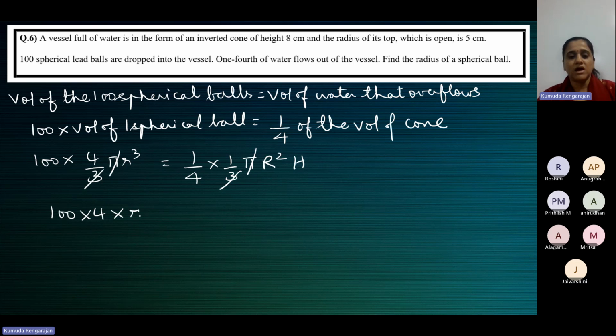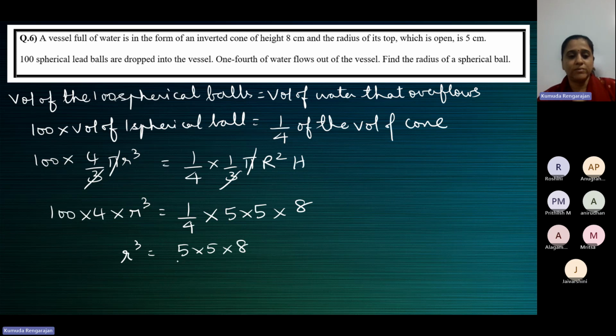So that's not known. r cube is equal to 1/4 into r square such 5, 5 into 5 into 8. So r cube is equal to 5 into 5 divided by 100 into 4 into 4. Correct? Now cancel. 5 into 25 gives 4.